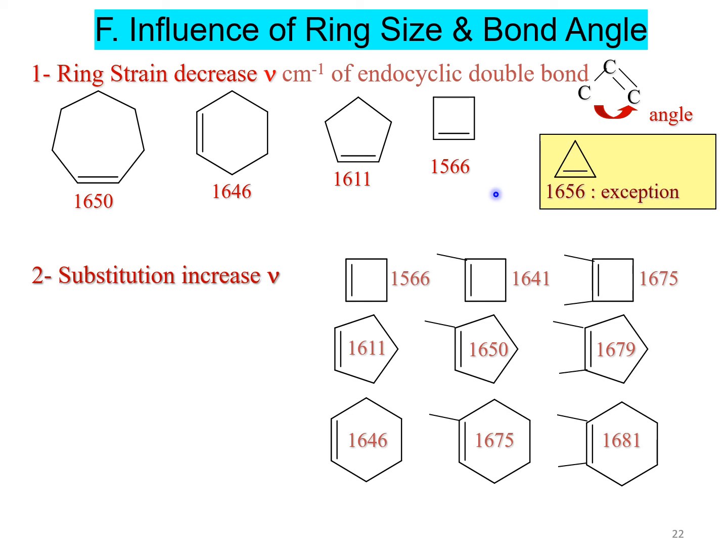Now there is one exception. In propene, it is again increasing to 1656. That is the exception, and the exception never proves the rule.